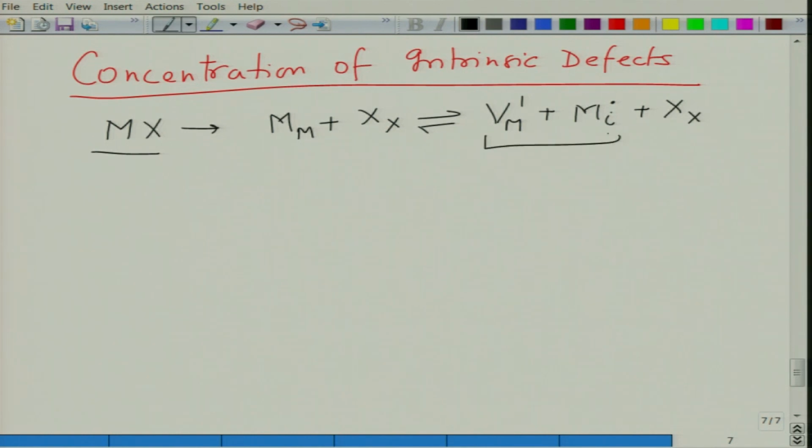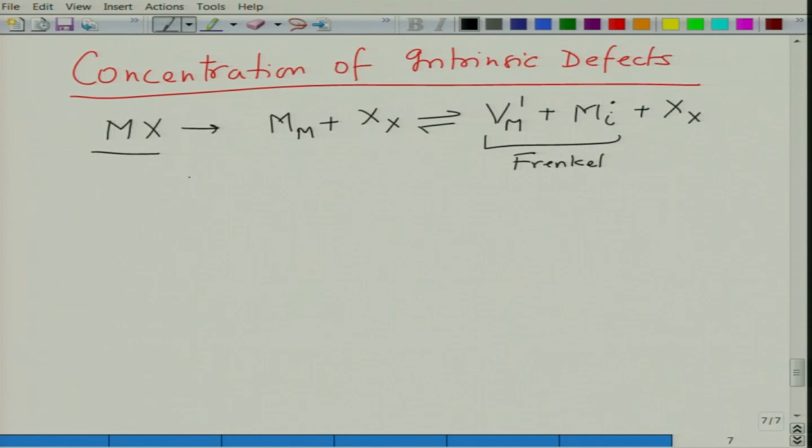So, this is a Frenkel defect. You don't change the stoichiometry, and the site balance remains the same: there is one metal site, one anion site, and the interstitial site is a site anyway. So, you do not create any extra sites in the system. What you are creating is a pair of metal interstitial and metal vacancy.